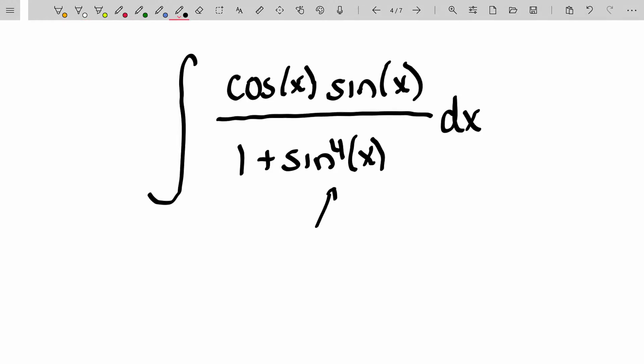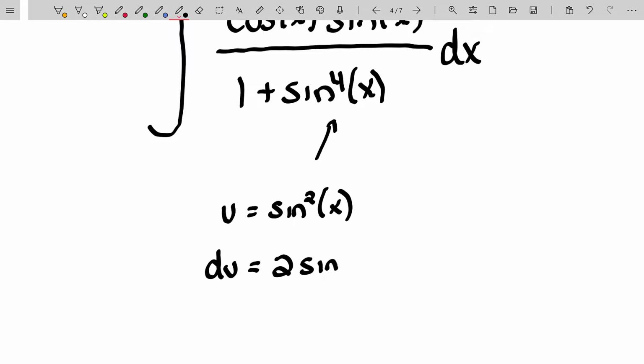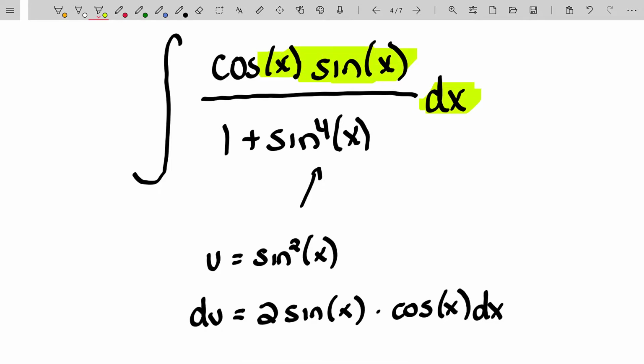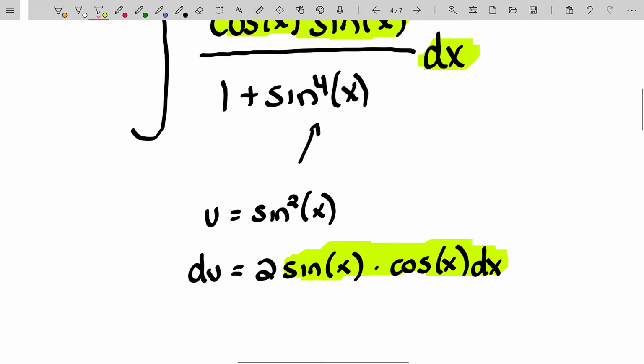Since I would love that to be something squared, I'm going to say it's a sine squared squared, and I'm going to let u equal the sine squared of x. That substitution will leave me with the following differential. By bringing down the power of 2, that's now sine to the first, and by the chain rule, you're going to multiply that by the cosine of x, and then dx. And notice we have in our integral a dx sine of x cosine of x, just like we have here.